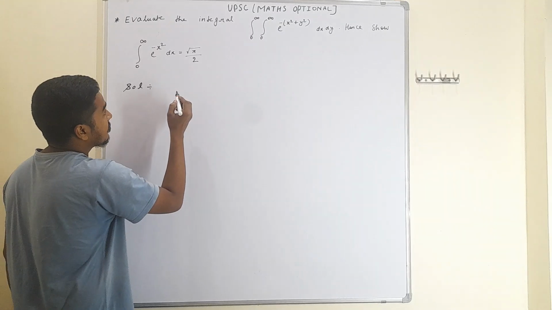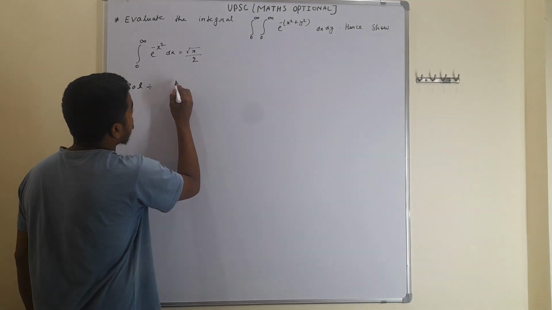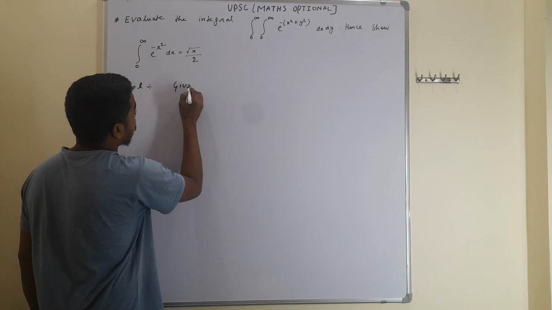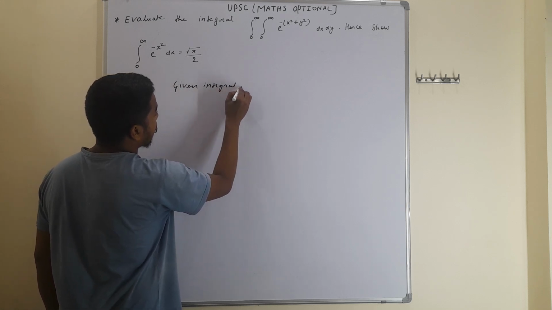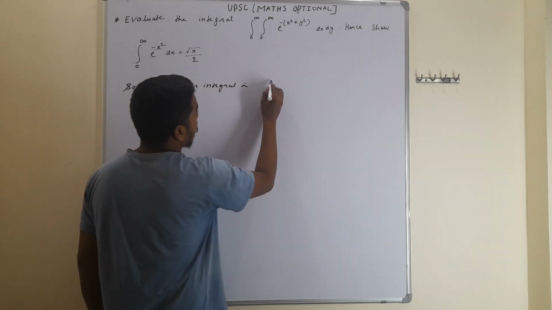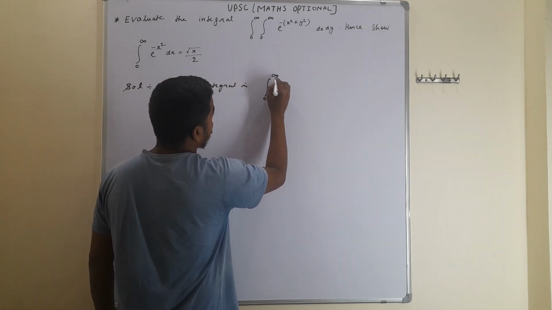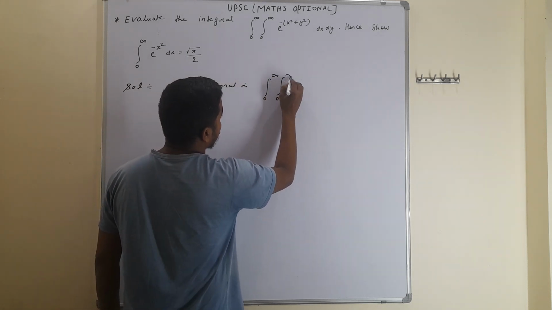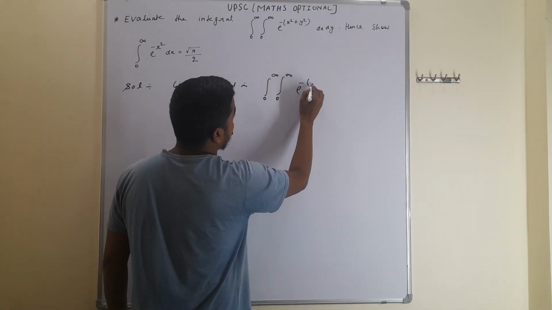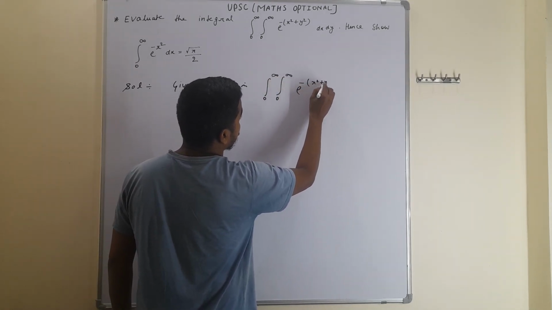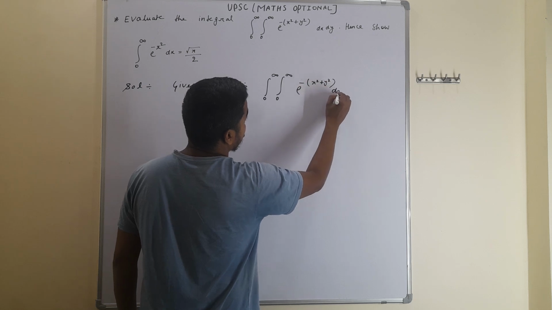The given integral is 0 to infinity and 0 to infinity of e to the power minus (x square plus y square) dx dy.